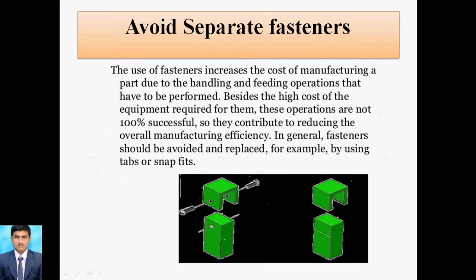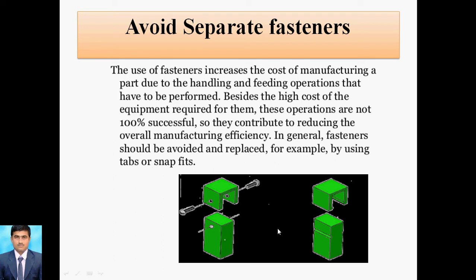The next important part we consider in design for assembly is to avoid separate fasteners. On the left-hand side, the figure indicates two mating parts. The first part and the second part are joined by these two screws. But in the second figure we eliminate the screws, and only provide a slot on the sides, and then we can attach directly over here.